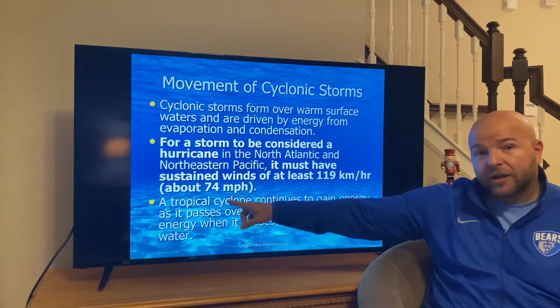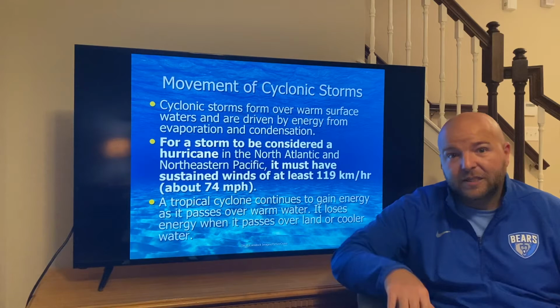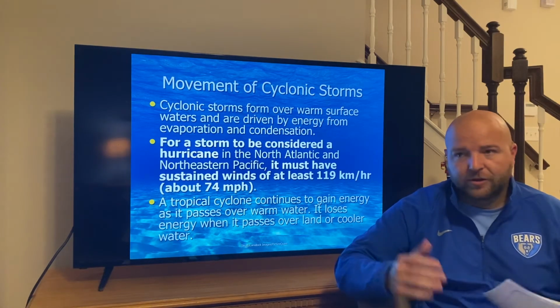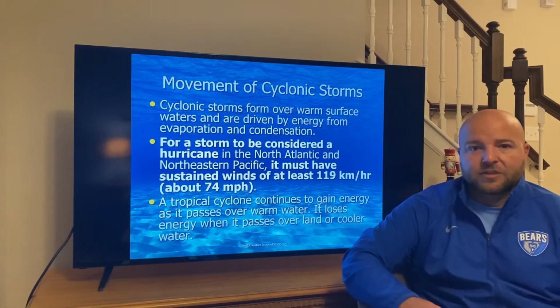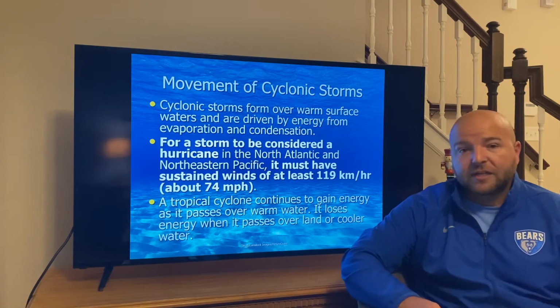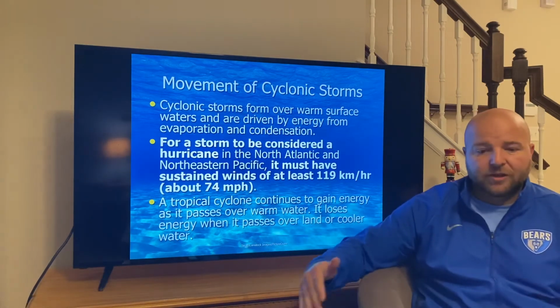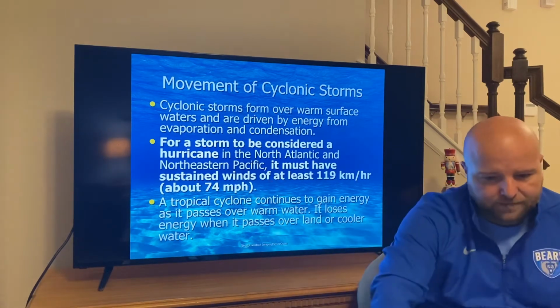That's the equivalent of 74 miles per hour. It does not take 119 miles per hour in order to have a hurricane. At that point, you're a Cat 3 or Cat 4 by the time you're at 119 miles an hour. So it's 119 kilometers per hour, 74 miles per hour. That's in order for it to go from being a tropical storm into a hurricane.